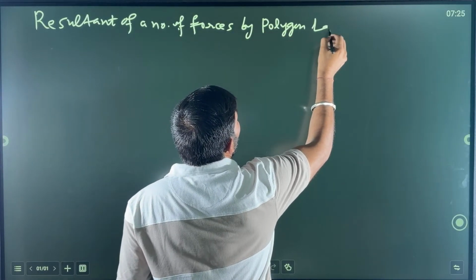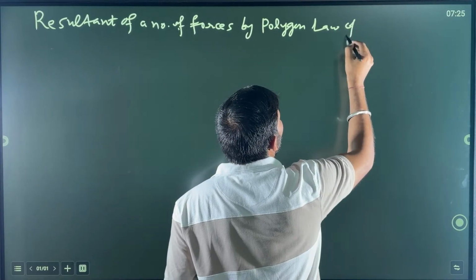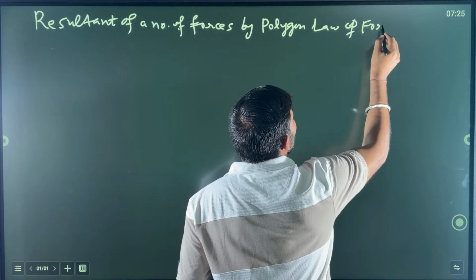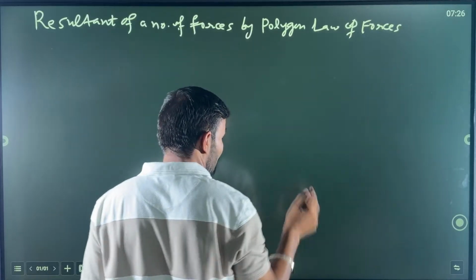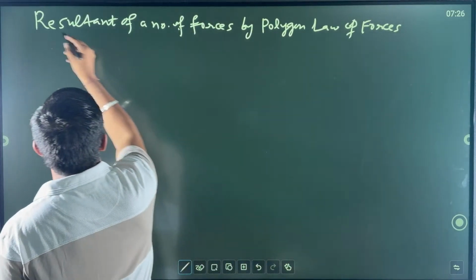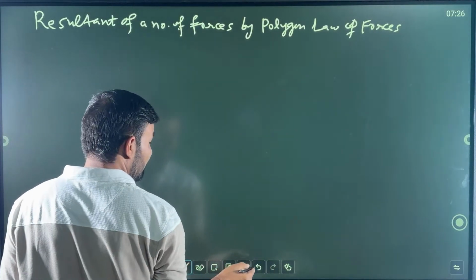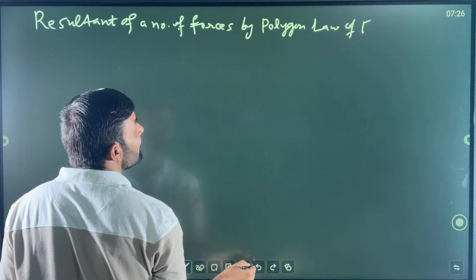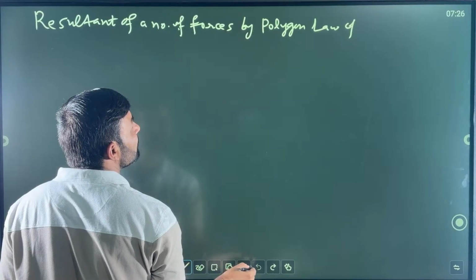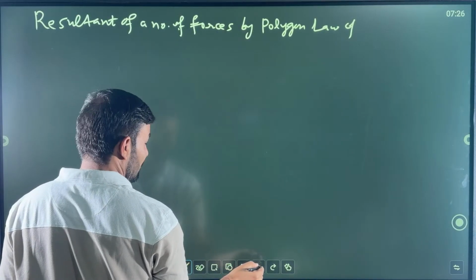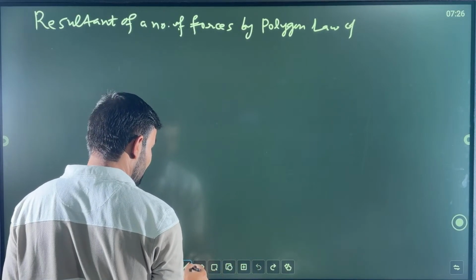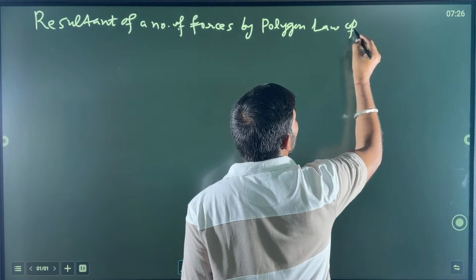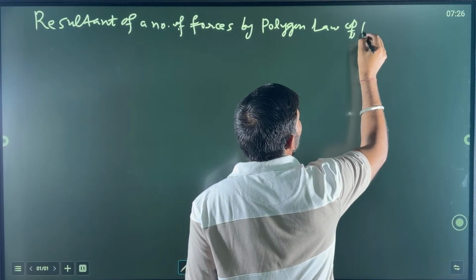By polygon law of forces, my dear friends. So we can say polygon law of forces. Okay, very important, my dear friends. So this is polygon law of forces, my dear friends.